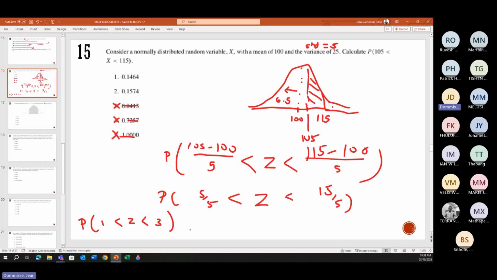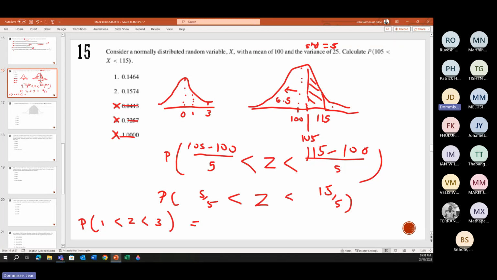Then if I transform this into my Z, that is 0, that is Z1, that is Z3.